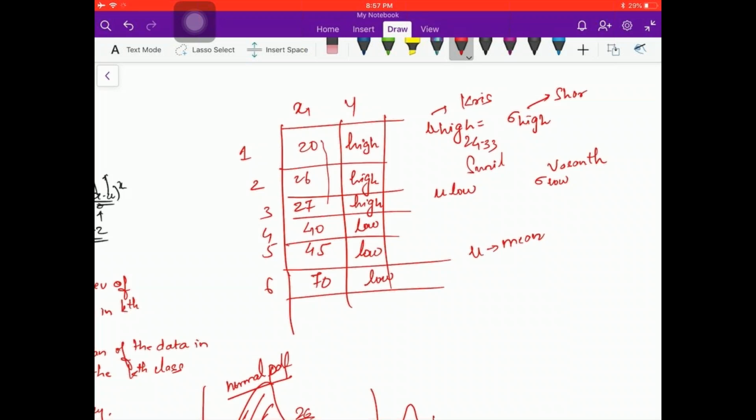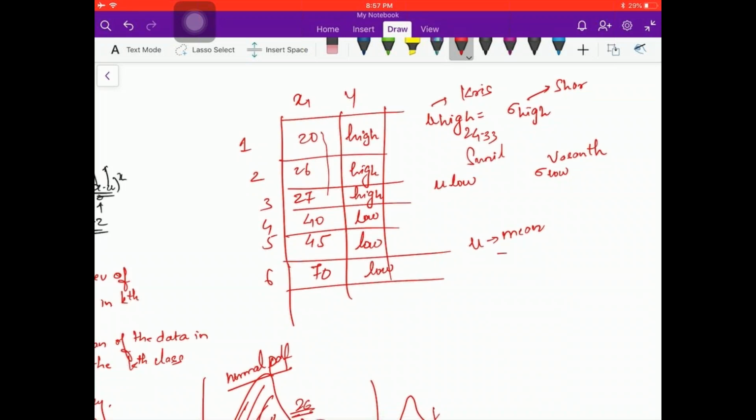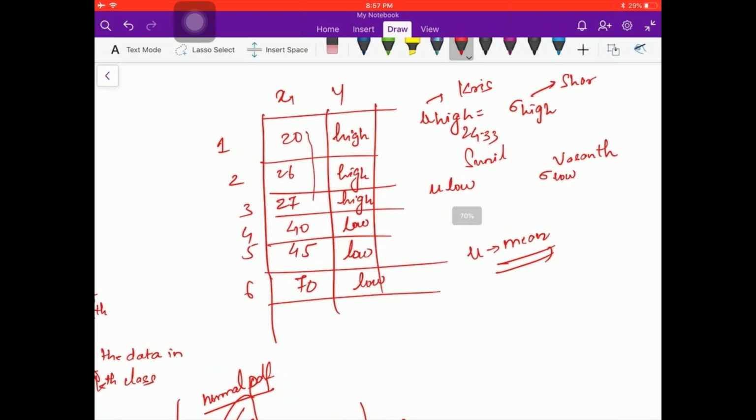Okay, sigma high will take time. What is mu low? Mu is the mean. Sunil, mean of y equal to low. Okay, just tell me which data points you will consider, Sunil.